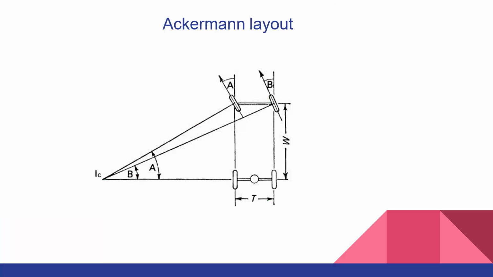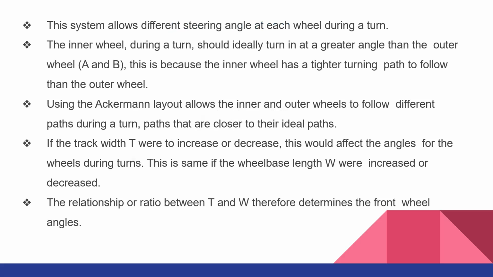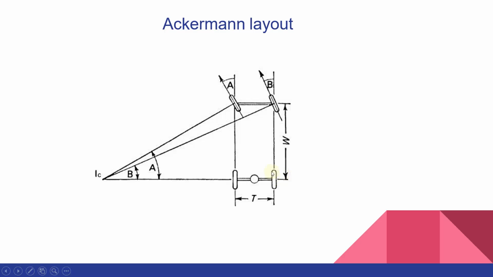So that is the principle of the Ackermann layout, or the Ackermann steering gear mechanism. Now, the two different terms that can be associated are the track width and the wheelbase length. The track width means the width between the centers of the tires, and the wheelbase means the center to center distance between the front wheel and the rear wheel.